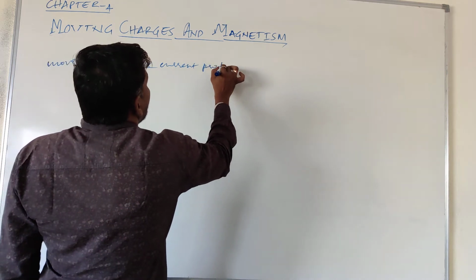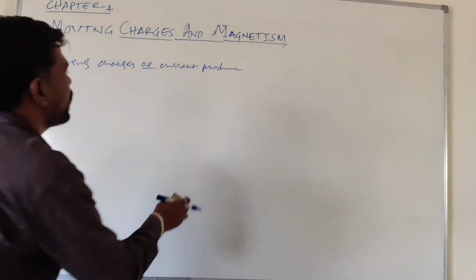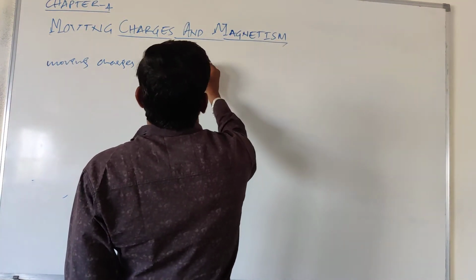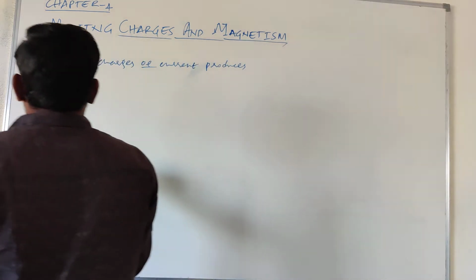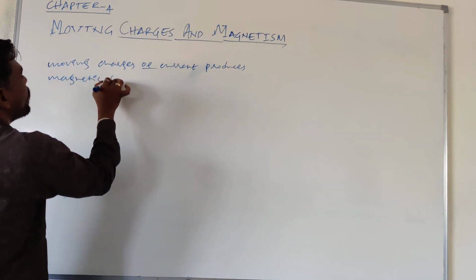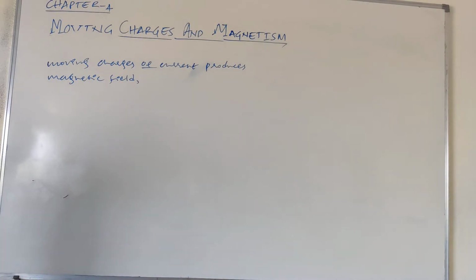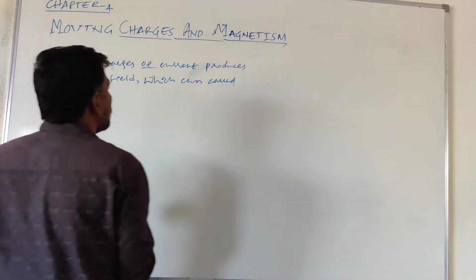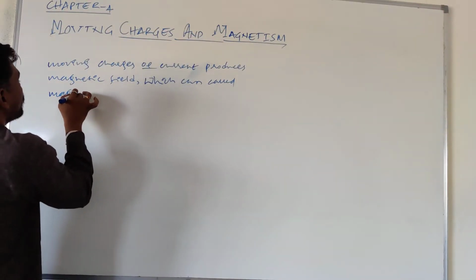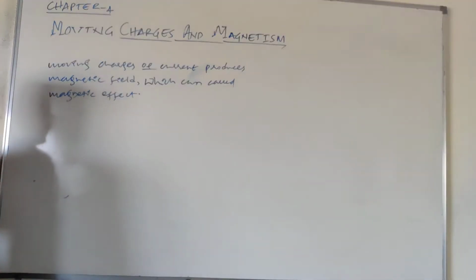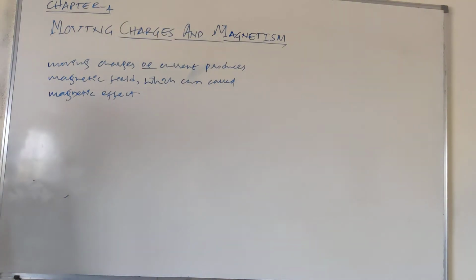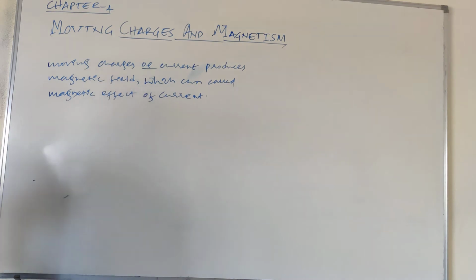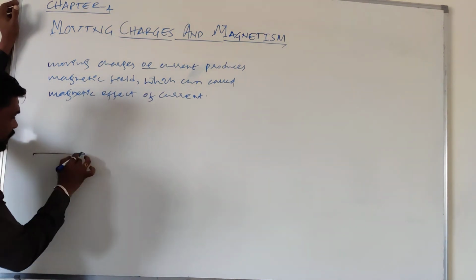Current produces a magnetic field, which we call the magnetic effect, or the magnetic effect of current. Now see, earlier we had the electric field, right?